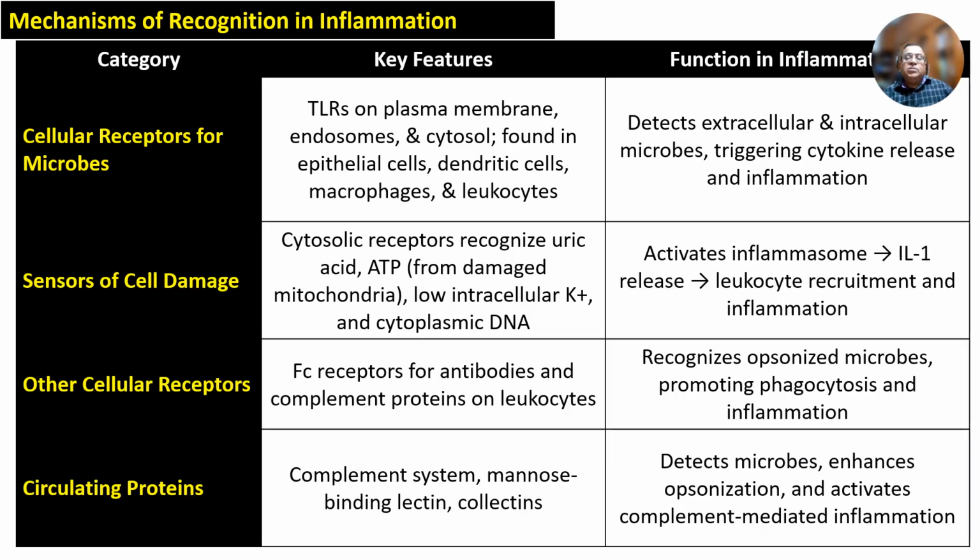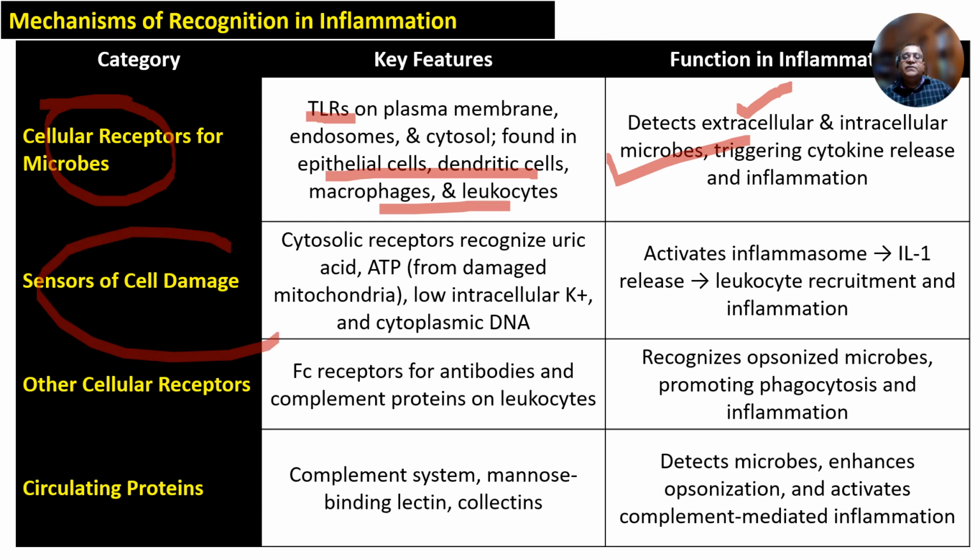So the mechanism of recognition in this inflammatory process can be summarized as follows. Cellular receptors for microbes are TLRs on the plasma membrane, endosome or cytosol, found in epithelial cells, dendritic cells, macrophages and leukocytes. Their function in inflammation is to detect extracellular and intracellular microbes and trigger cytokines and inflammation.